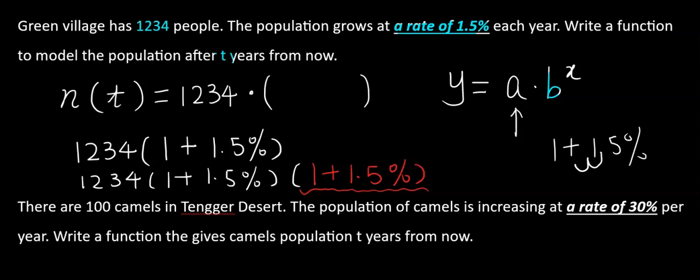You have 0.015. And then you add 1, so you're going to times 1.015. T years, put t as your exponent. That is for the first story, Green Village.